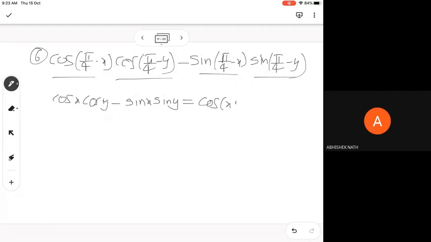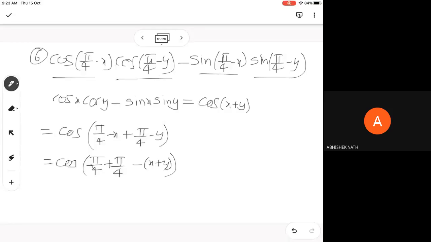So here in the place of x, pi by 4 minus x, and in the place of y, pi by 4 minus y. So this can be written as cos of pi by 4 minus x plus pi by 4 minus y.